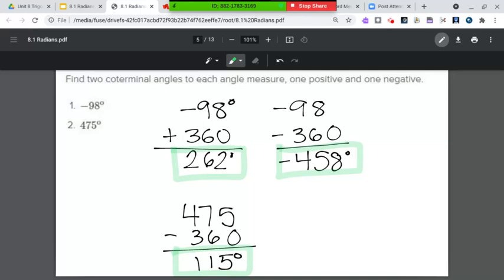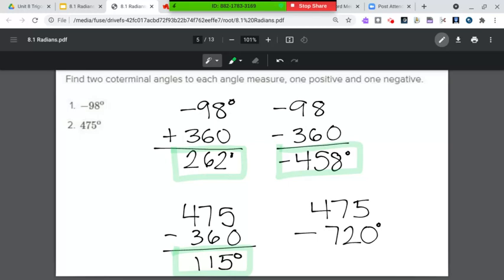I subtracted 360 one time. Did it give me negative? No. So I have to do it again. So I'm going to take 475 and subtract 720 degrees. Why? Because to find coterminal, you need to do multiples of 360.